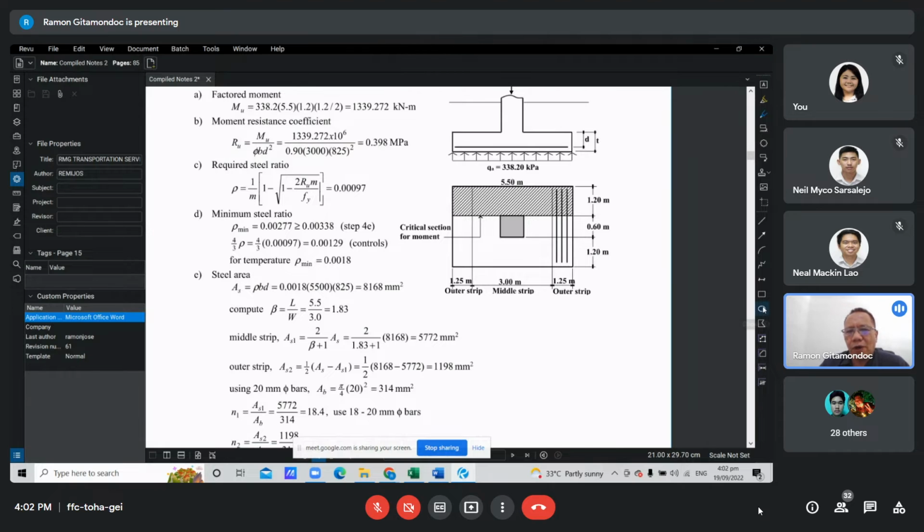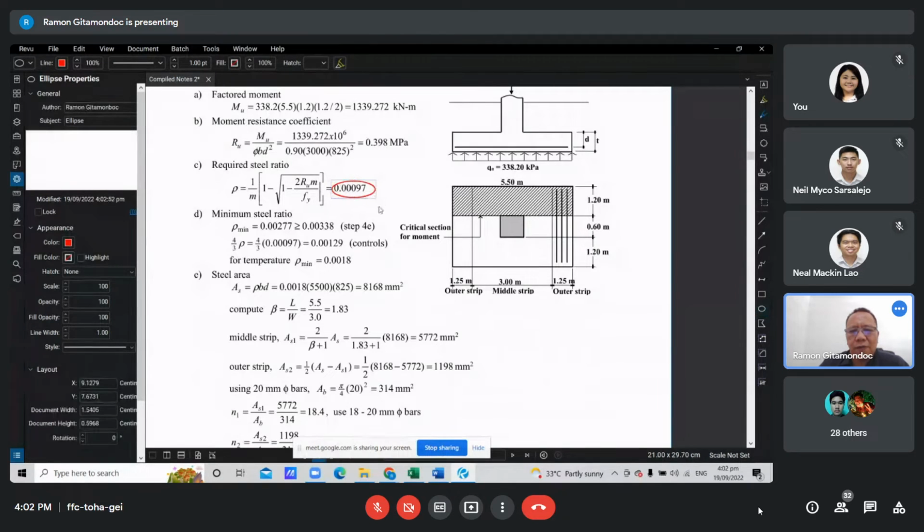In this case, our rho required is less than rho min, which is 0.0038. The code says that when rho required is less than rho min, we may use the smaller between 4/3 rho required and rho min. So we multiply 4/3 of rho required to obtain 0.00129.